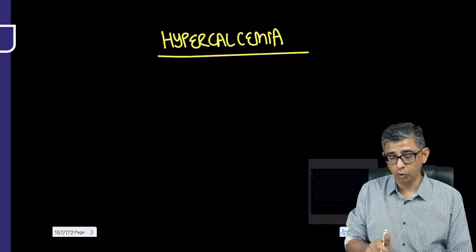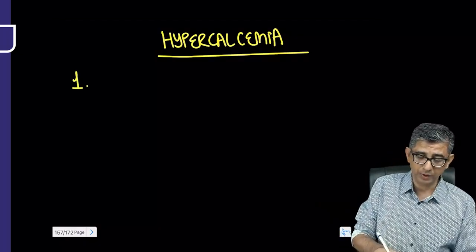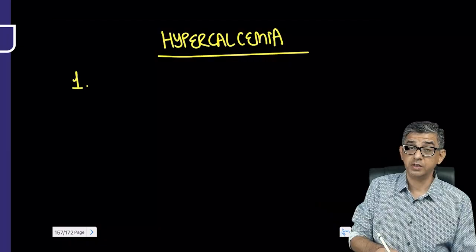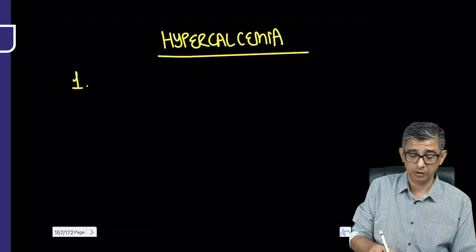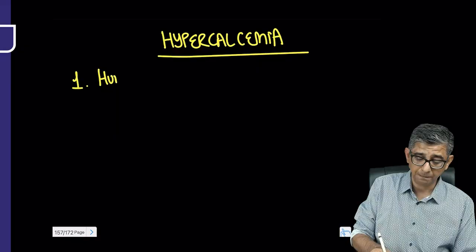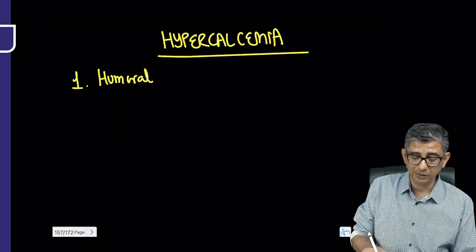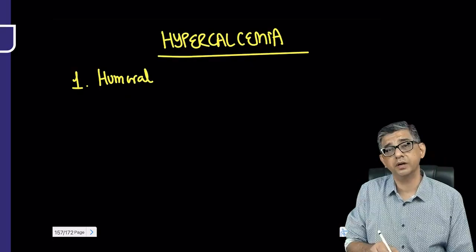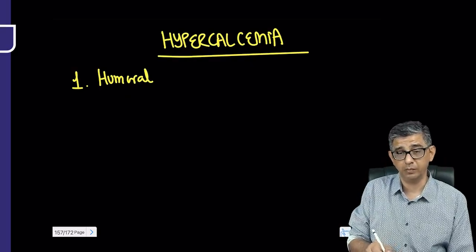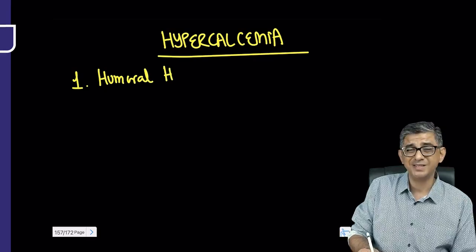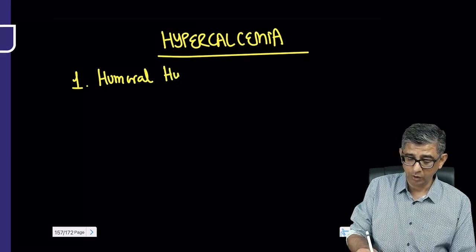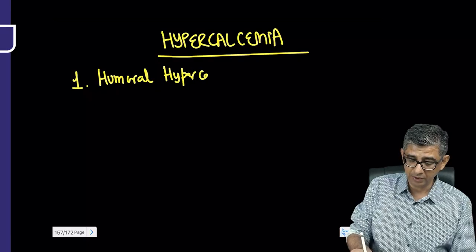So why do you have hypercalcemia? One of the reasons for hypercalcemia where persons will become symptomatic very fast would be any kind of malignancy. The term that will be used in the MCQ to make it sound sophisticated, cancer contributing to hypercalcemia, the technical term would be HHM, that is humoral hypercalcemia of malignancy.